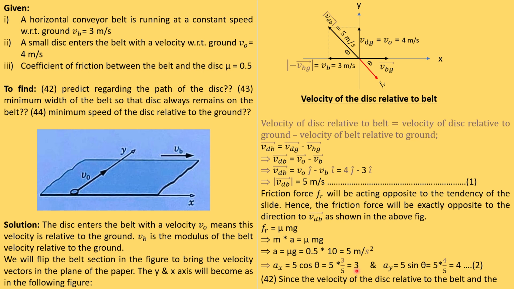So ax will be 3 meters per second squared in the direction of the x-axis. Similarly, we will calculate ay. Ay will be in the y direction, a sine theta, that is 5 sine theta. If we put the value of sine theta, we get 4. But the acceleration along the y-axis will be negative, in the negative direction of the y-axis.